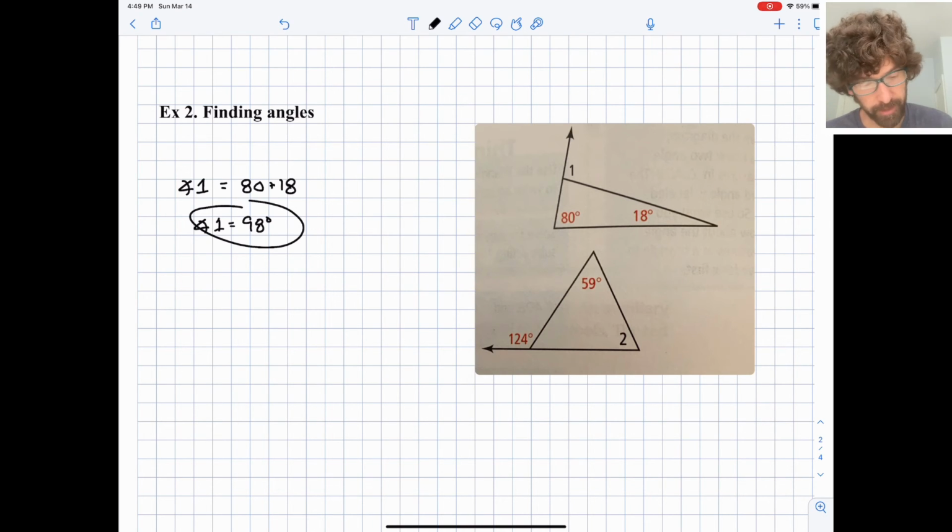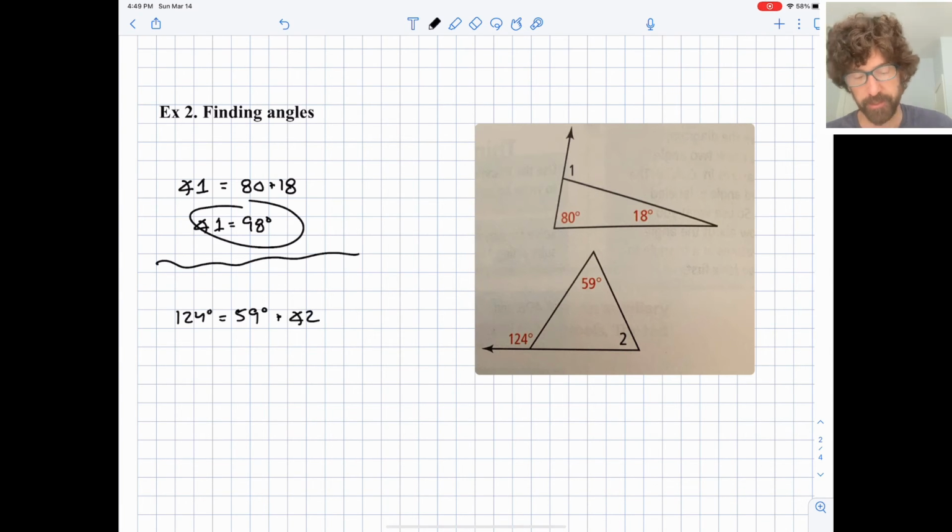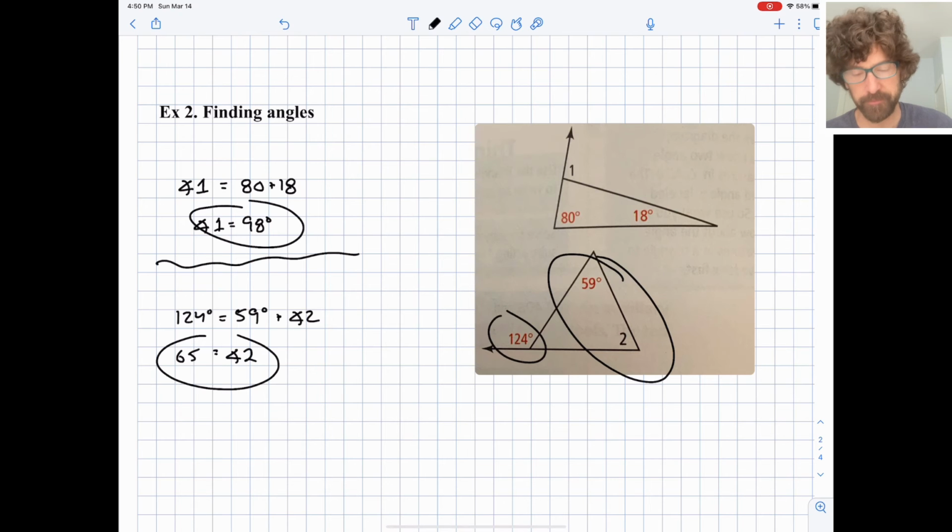Secondly, it looks like the exterior angle is 124 degrees, and that's going to be equal to 59 plus the measure of angle 2. So we could subtract 59 from both sides, and we get angle 2 is equal to 65 degrees.